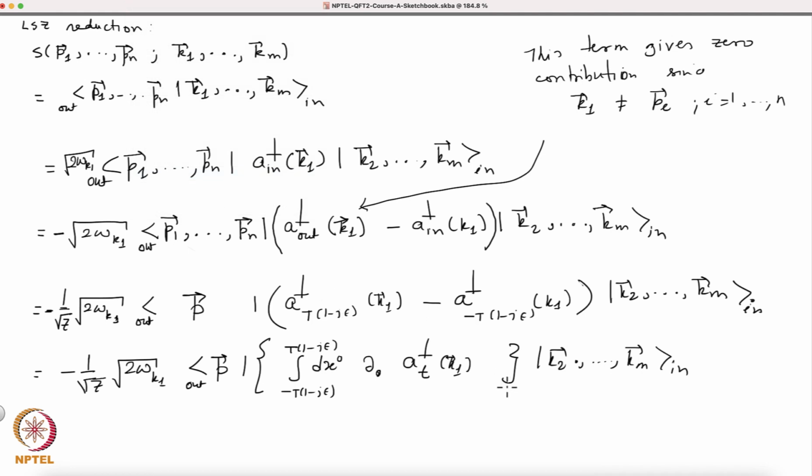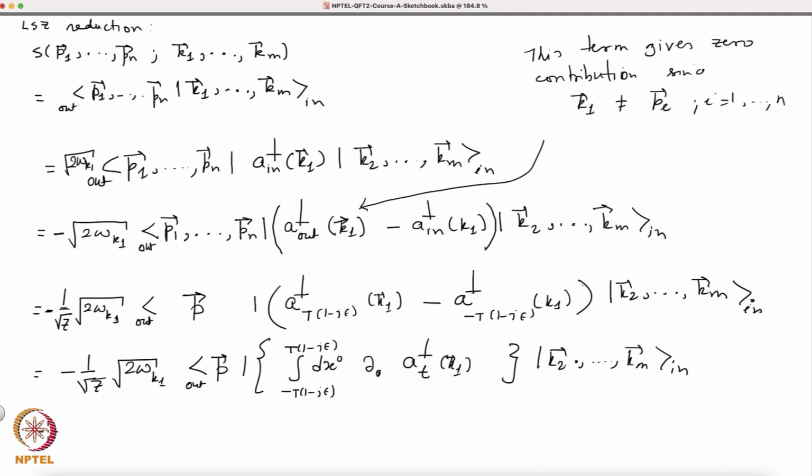So this del naught of a_t dagger was basically this box plus m_p squared acting on phi. Okay, this is a result you should be able to find in your notes, and I had written this earlier.